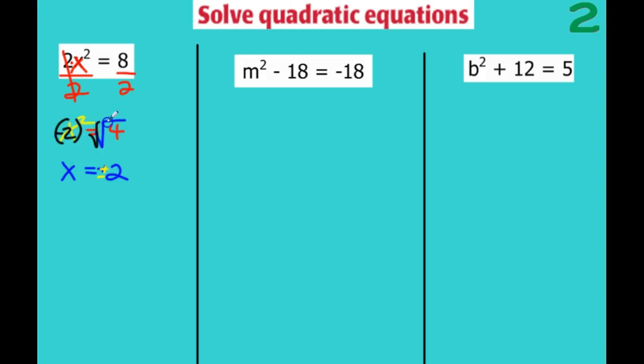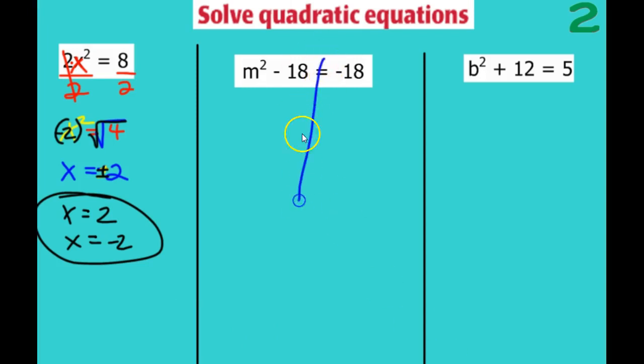So whenever you take the square root, you could have a positive answer or a negative answer. If you want to write it out separately, you can. If you want to use the plus and minus symbol to represent one positive and one negative, you can as well.